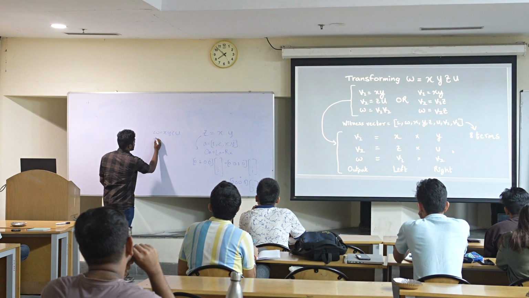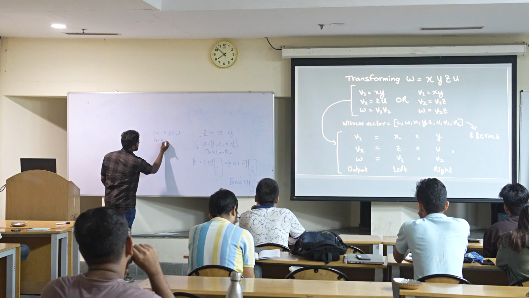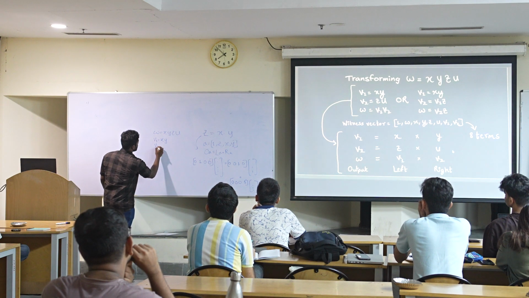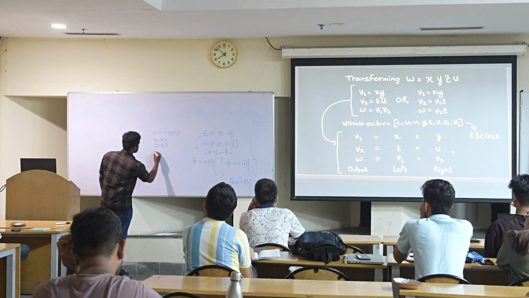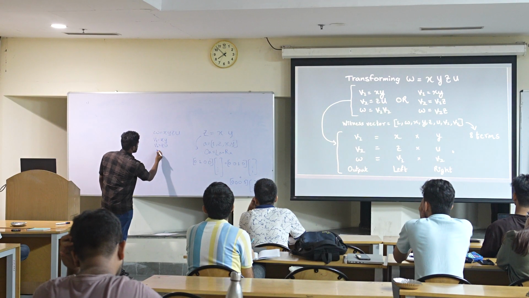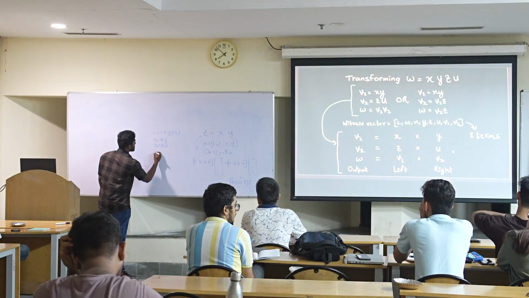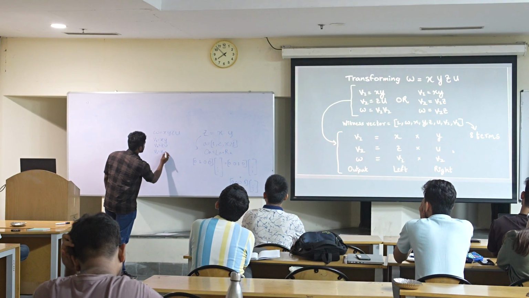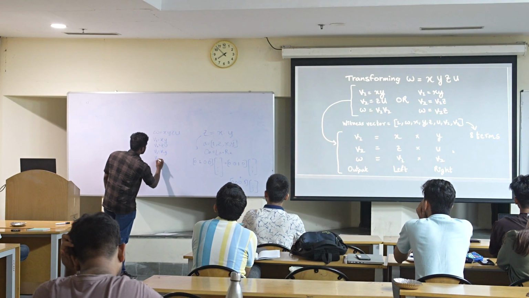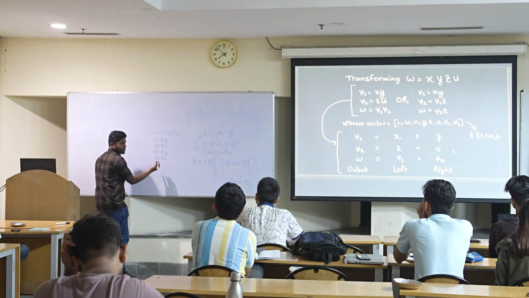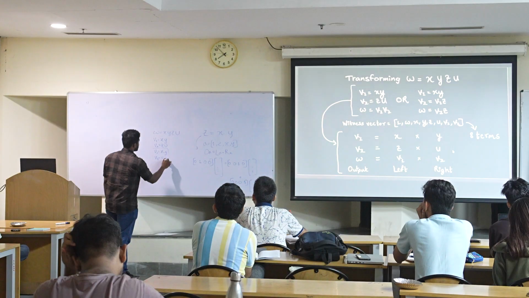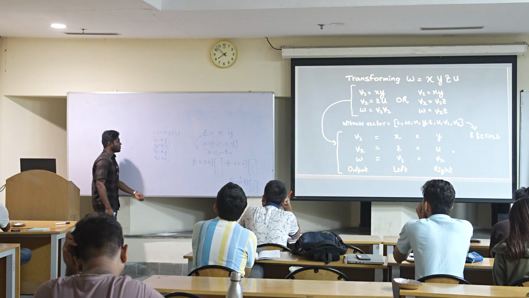Either we can make V1 X into Y and V2 as Z into U, or we can also do it this way. V1 is equal to X into Y, V2 is equal to V1 into Z. Yes. These are the two ways that we can do.